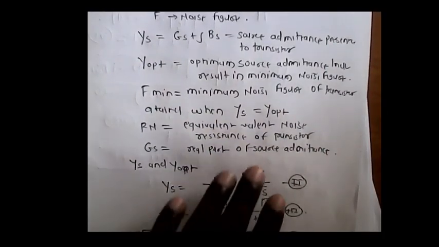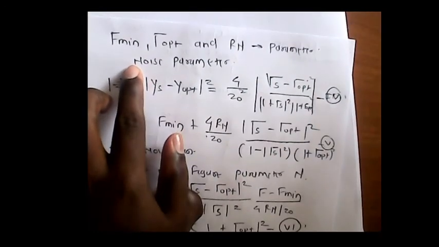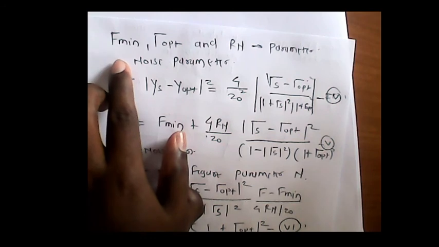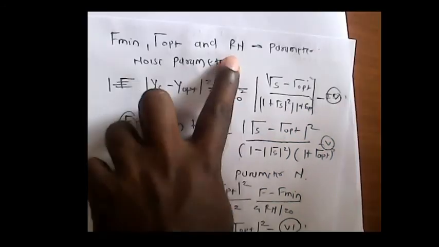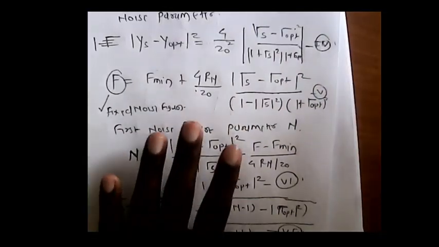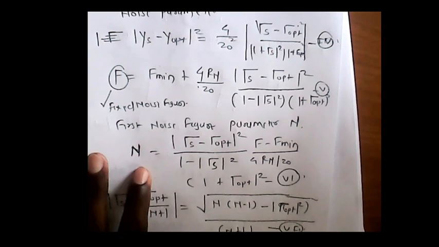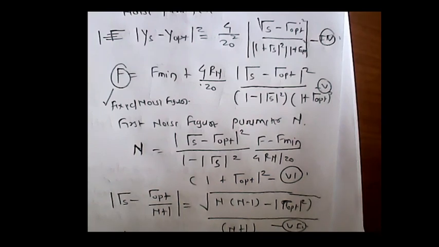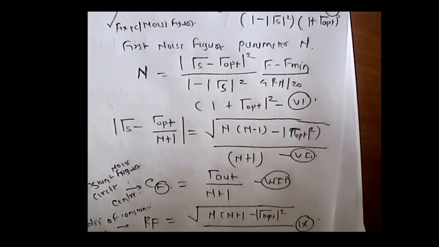We can write the reflection coefficient of the source in terms of the noise parameters F minimum, gamma optimum and Rn. Then we can find the value of the first noise figure parameter n by using gamma s and gamma optimum, and then calculate the radius of the constant noise figure circle.